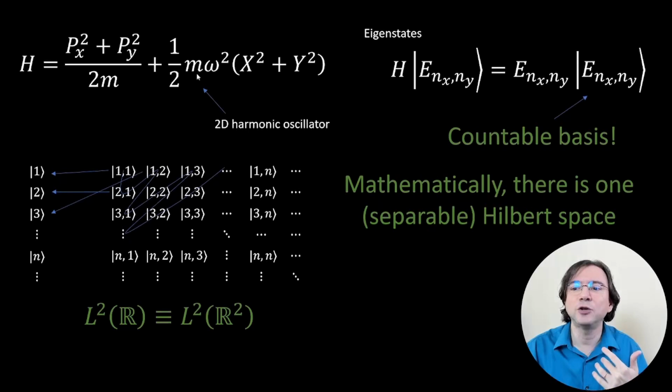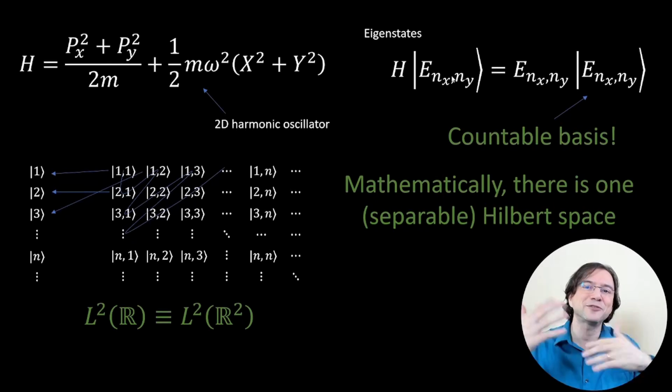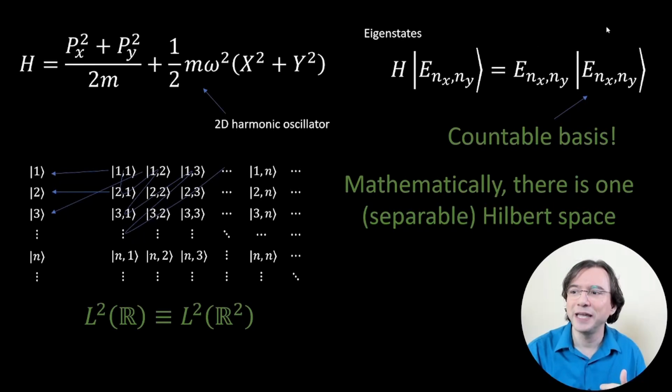If we take a two-dimensional harmonic oscillator, we would have again the tensor product of the Hermite functions on x and y. So we still have a set of bases that are identified by two numbers. And because these two numbers are still integers, you can do this diagonalization, and you can still have a countable basis, because you can count your bases just by going through this diagonal, which is a common technique in mathematics.